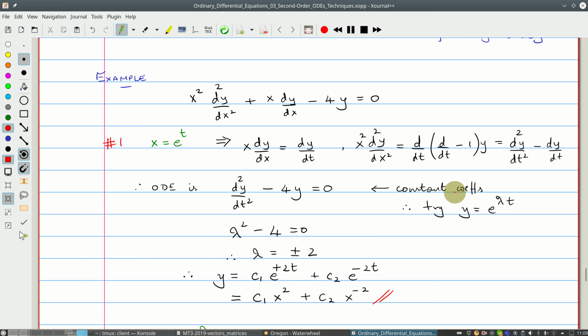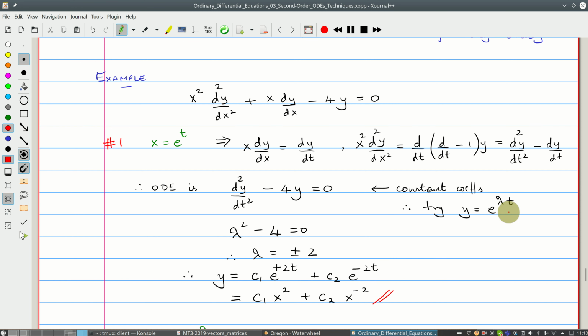This now has constant coefficients, therefore we can try y is equal to e to the lambda t. I've dropped the a here because the a is superfluous. This leads to the auxiliary equation for lambda: lambda squared minus 4 is 0. So lambda is equal to plus or minus 2. Therefore y is equal to c1 e to the 2t, remember, plus c2 e to the minus 2t.